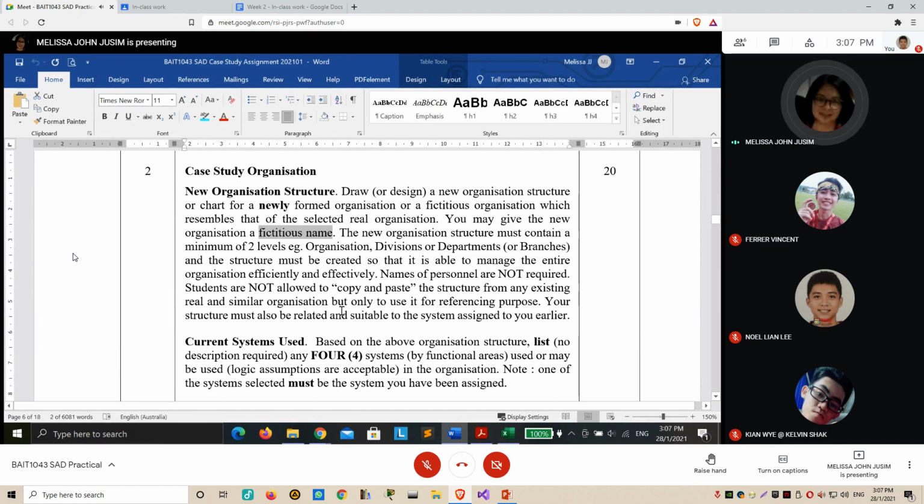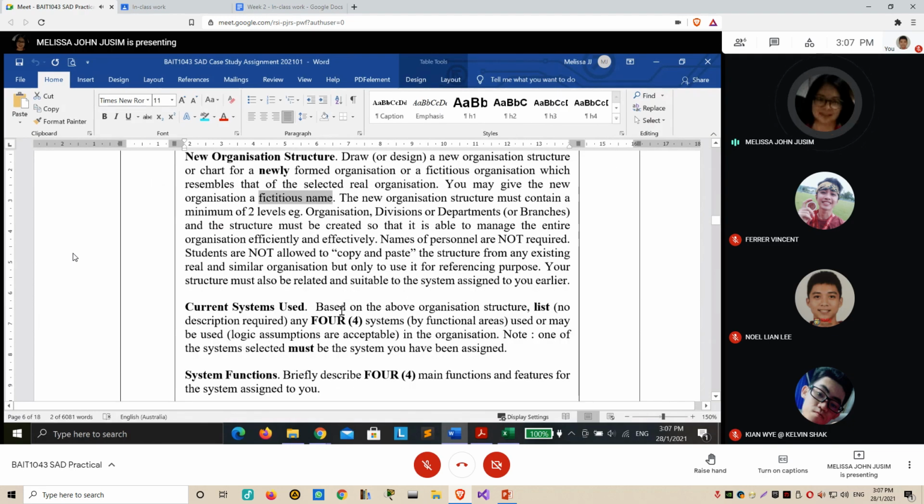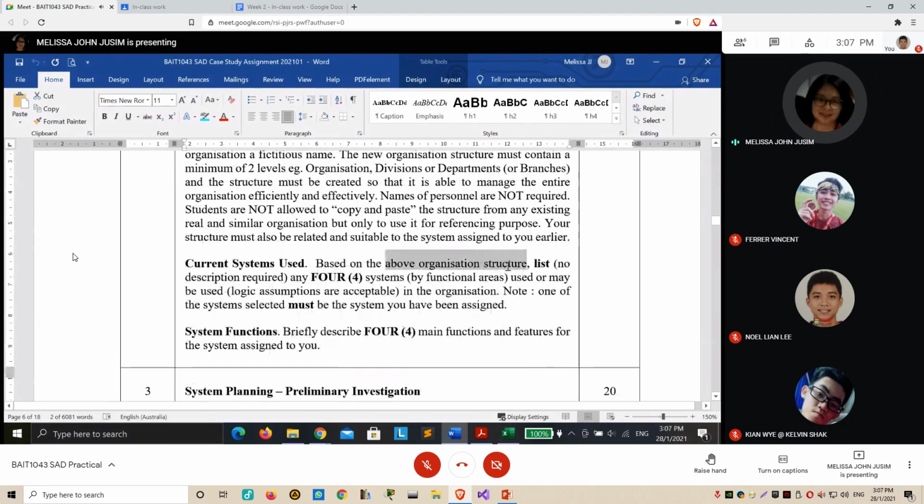Next, current system use. So based on your chart, your organization structure, you need to list any 4 systems by functional areas. So for a bus company, you can decide what are the functional areas that you need to add in. You can refer to your notes.